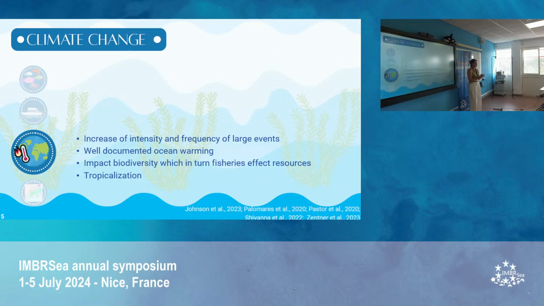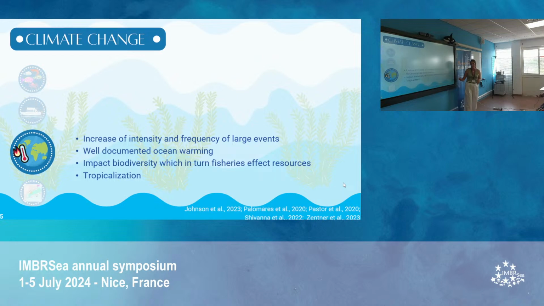This in turn is impacting the biodiversity and fisheries resources that are utilized. Tropicalization is a phenomenon that is currently occurring, and we're already seeing impacts of this, where the distribution and abundance of thermophilic species is increasing, especially in the Mediterranean, a semi-enclosed basin, again warming much faster.